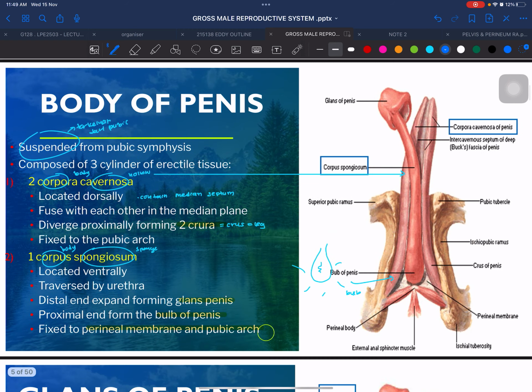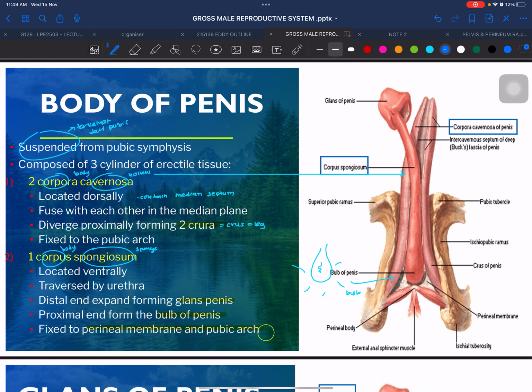Okay, it will diverge proximally here, forming 2 crura, okay, and fixed to the pubic arch. The corpus spongiosum, okay, is located ventrally, from the bottom, and it is traversed by the urethra. Okay, the urethra traverses the spongiosum, not the cavernosa.